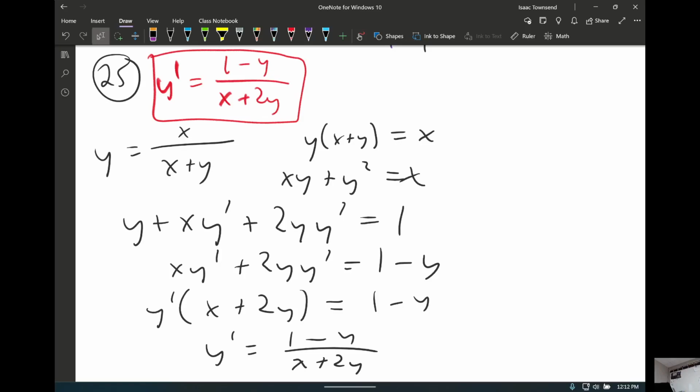Wait, how do you factorize? I don't know, man. Oh, you gotta square it. So square everything. Don't square it.